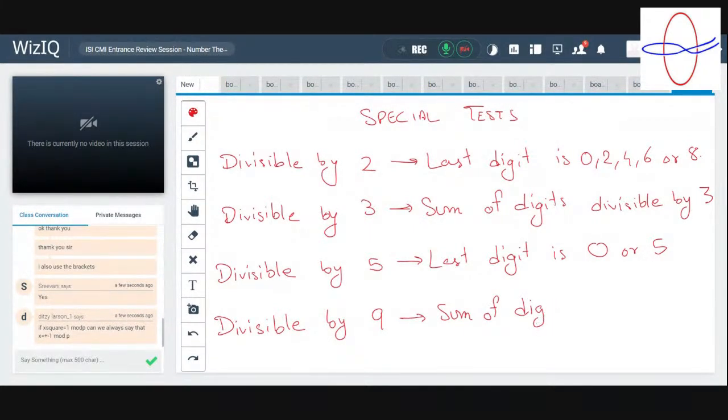If x square is congruent to 1 mod p, can we always say that x is congruent to plus or minus 1? No, you cannot. I don't think so, no. So take 3. Okay, is p a prime? If p is a prime, then my counter example that immediately came to my head won't work. Maybe another one would.